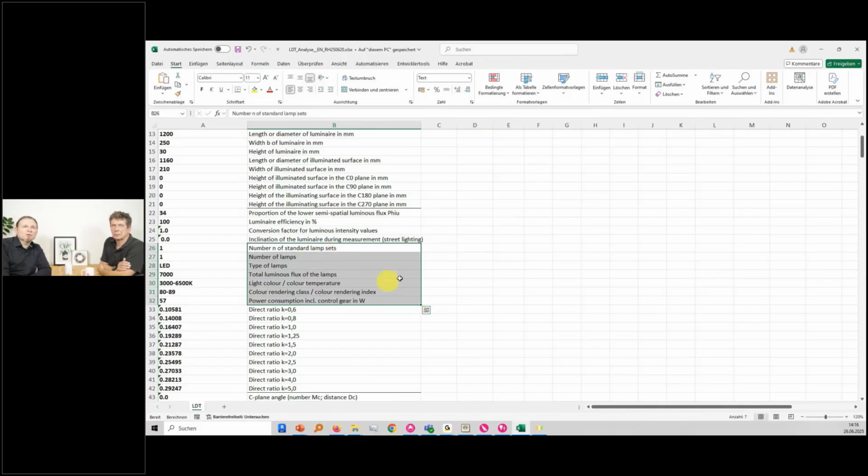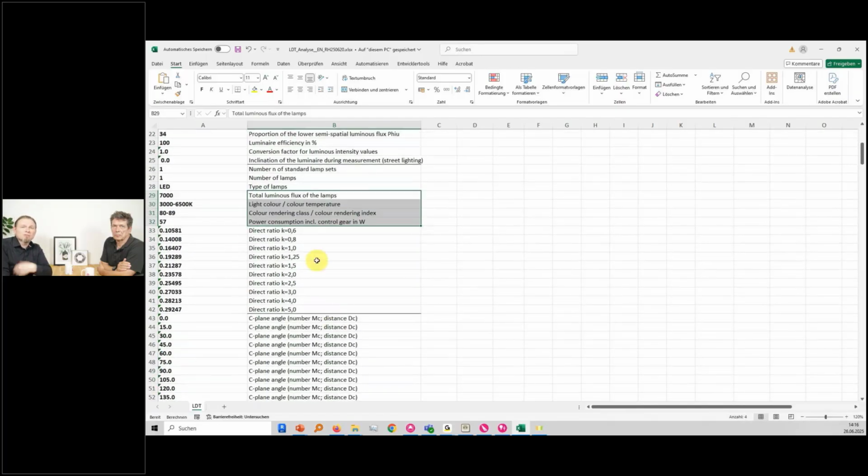And here you also have luminous flux, quite important, but also color temperature, color rendering, and power consumption. So for lighting design, quite important values, which you can see here, and which you can also change here, for example, and which are then used in Relux, for example.